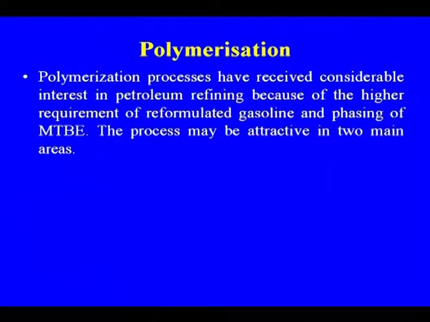Do not be confused with the polymerization which we use for the manufacture of polymers. It is mostly the oligomerization part. The polymerization process has received considerable interest in petroleum refining because of the high requirement of reformulated gasoline and phasing out of MTBE.